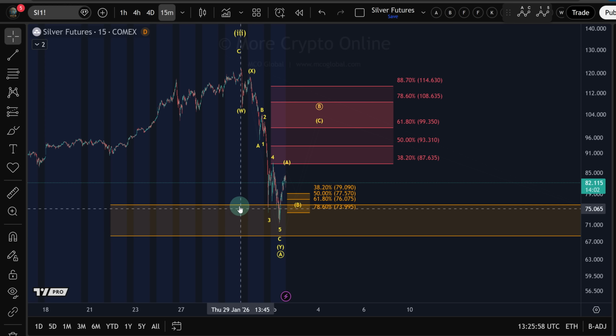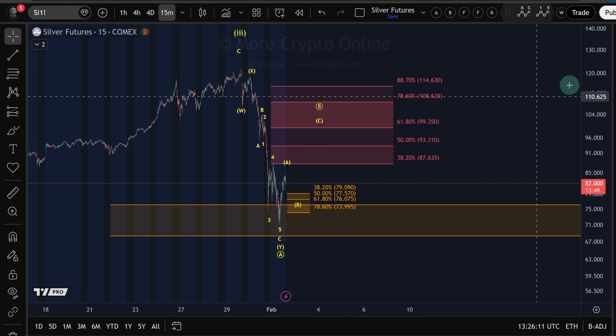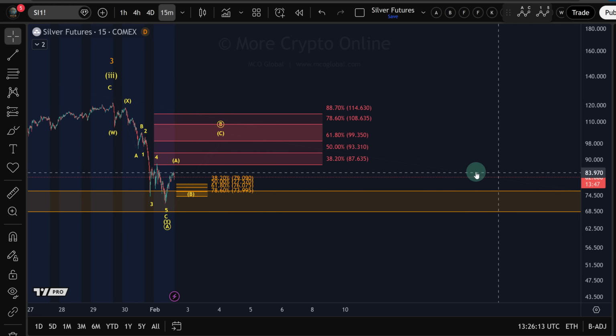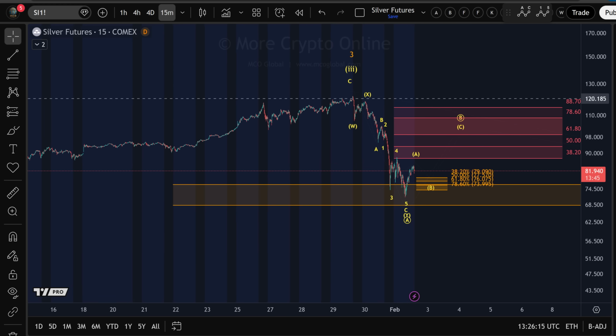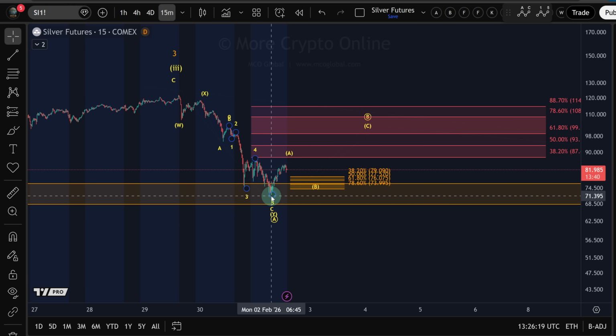By the way, in case you are wondering about the bigger picture, on the weekend I shared an update again for silver, the long-term update. Feel free to check it out because it gives you a really good idea of the bigger picture. What we're tracking at the moment is a larger correction, and this move down here might have been only the A wave.